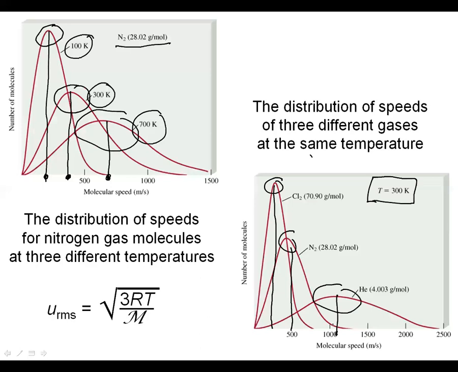And what we see is when we look at the different gases at the same temperature, helium is the lightest of these 3. Chlorine is the heaviest of these 3. And we see that helium, which is the lightest, has the higher molecular speed.